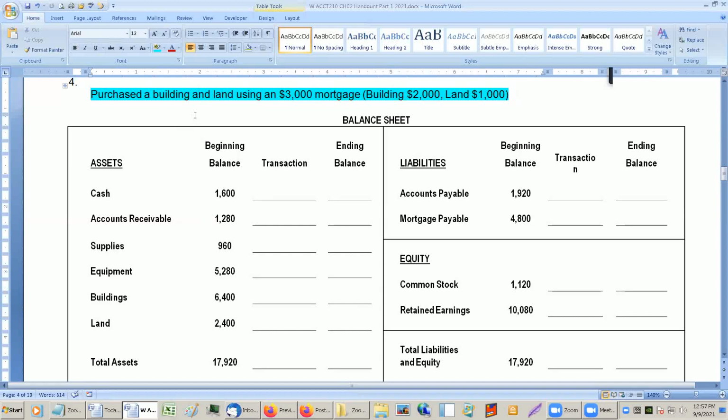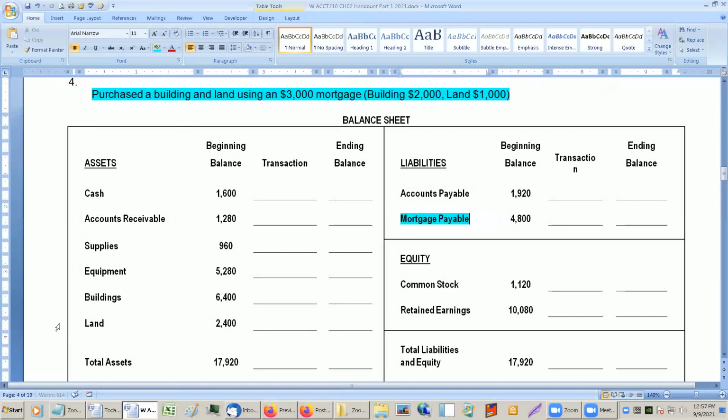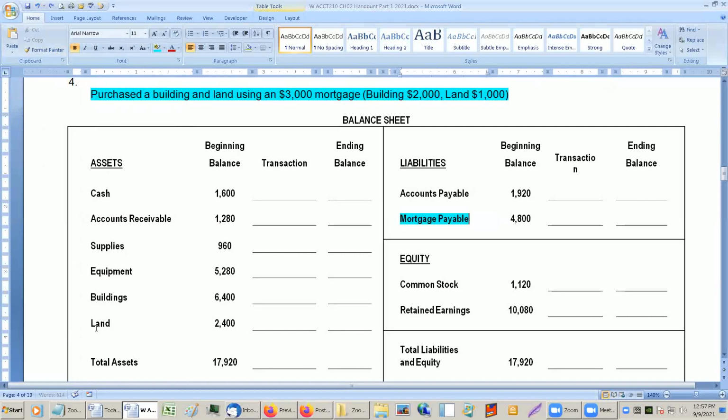So what accounts are we going to use? Mortgage payable, land and buildings. Yep. Okay, so let's take the buildings and the land.